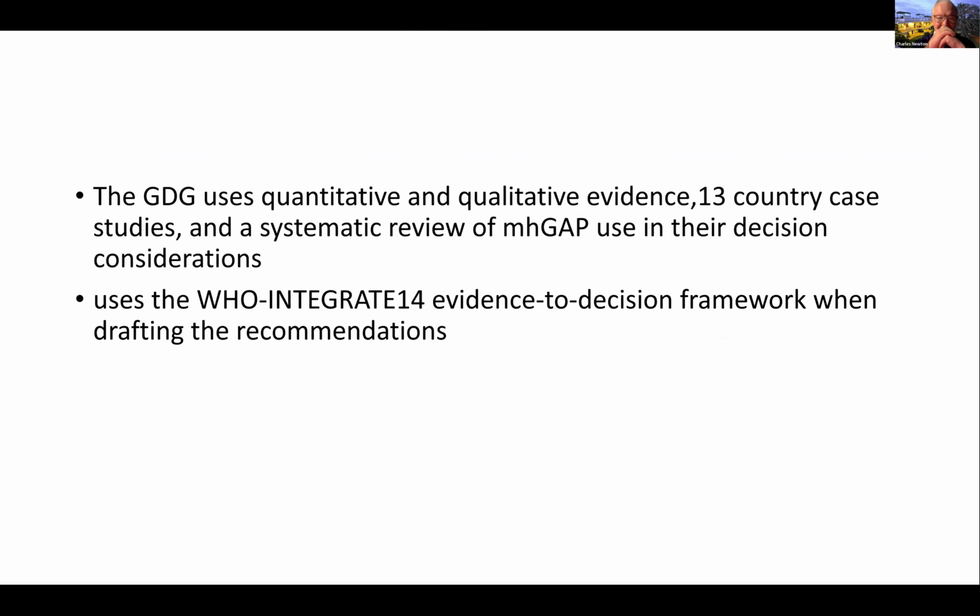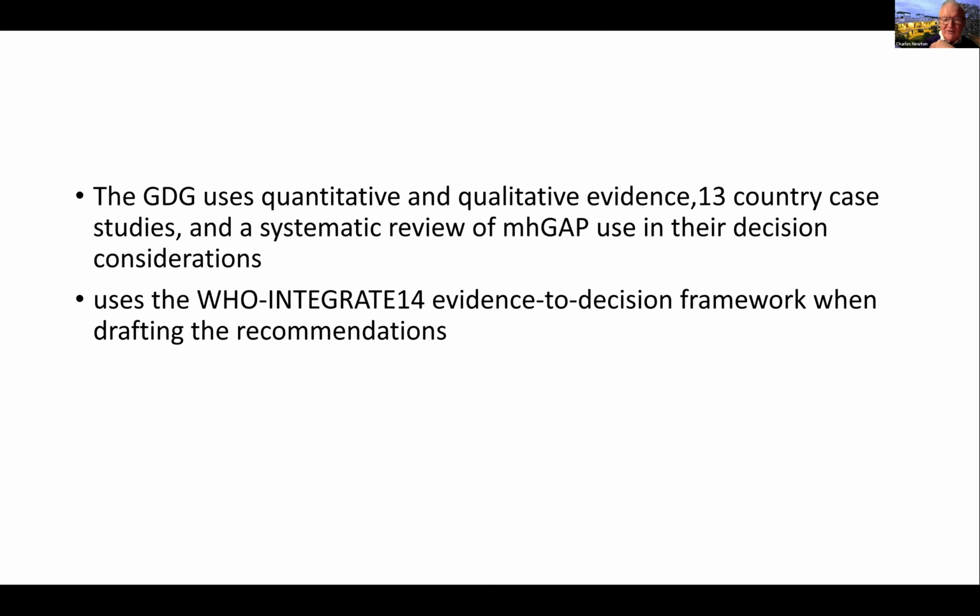So the GDG also uses not only quantitative but qualitative evidence, and particularly from 13 country case studies, as well as the systematic reviews, which I've already mentioned. And the other thing that the WHO have developed is an evidence to decision framework in drafting these recommendations.